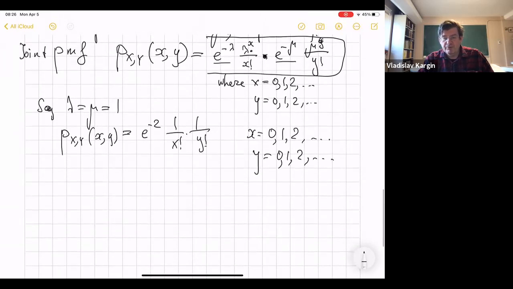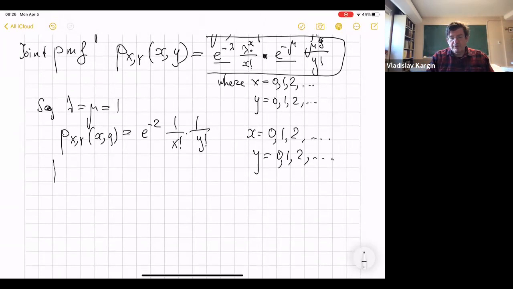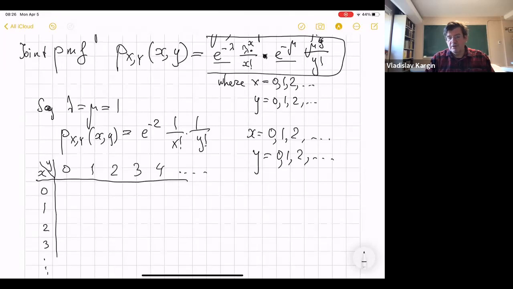And so if you want to visualize this situation, then we have this picture. Here's x, here we have y, and this is an infinite table in this case. We have a table here 0, 1, 2, 3, 4, going to infinity, and here also 0, 1, 2, 3, going to infinity.